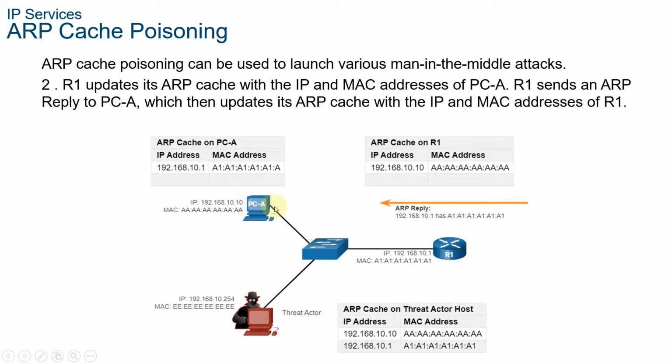In this figure, R1 updates its ARP cache with the IP address and MAC address of PC-A. R1 sends an ARP reply to PC-A, which then updates its ARP cache with the IP address and MAC address of R1.